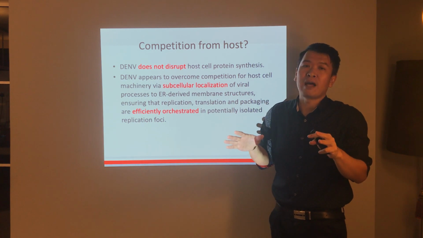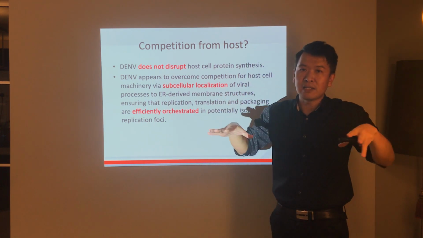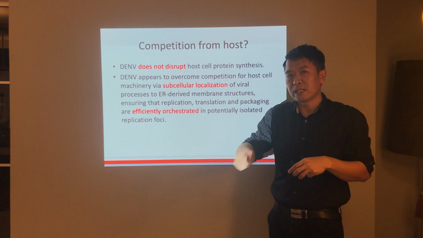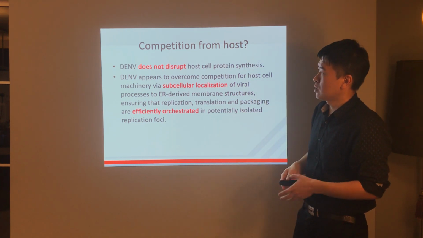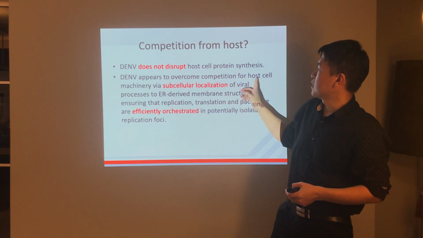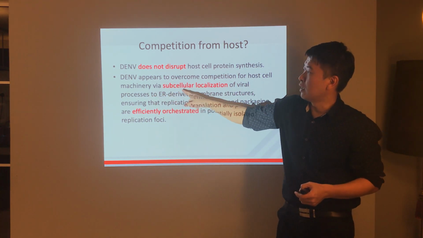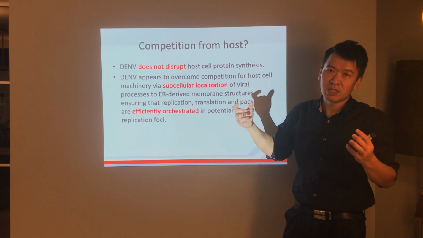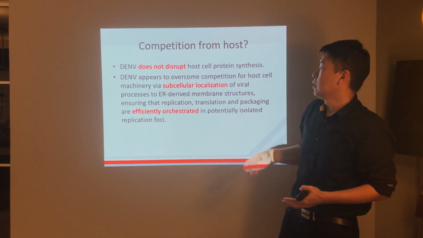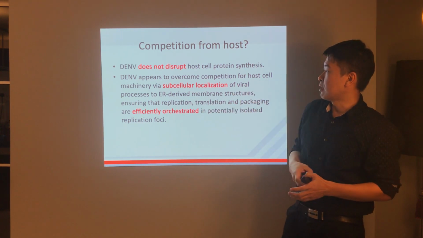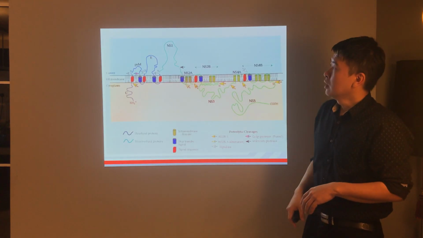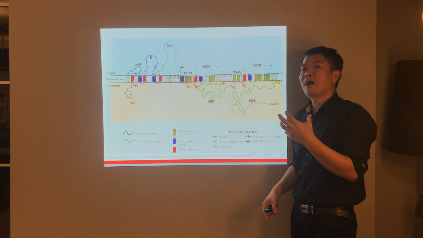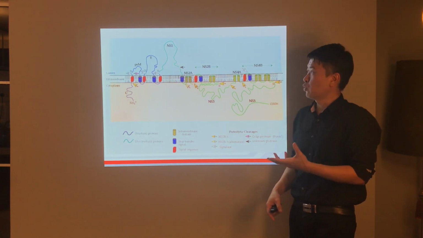So they don't even have to compete because there are plenty of ribosomes there, and immediately they can start producing their viral protein on the host cell. So the virus overcomes competition for host cell machinery via subcellular localization. That is where they are located. All right, the process goes to ER-derived membrane structures and so on and so forth. All right, so let's have a look at how the protein is being produced.